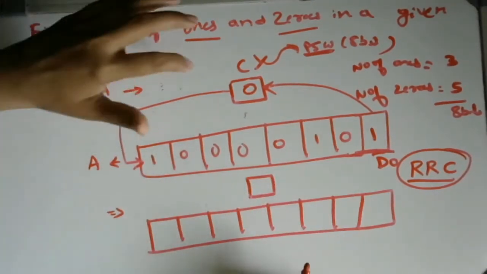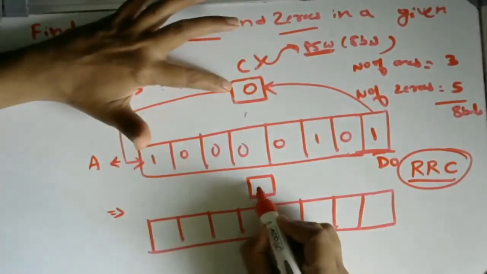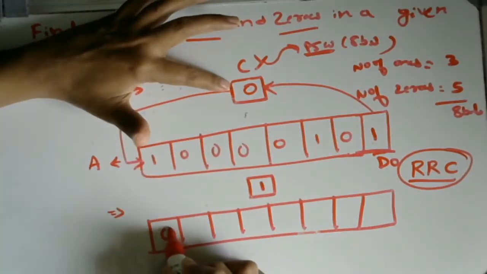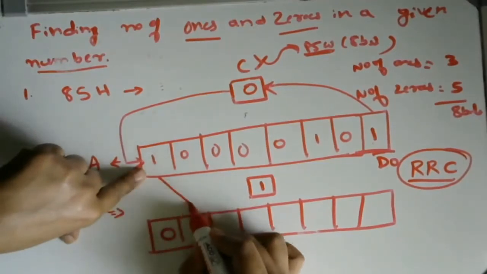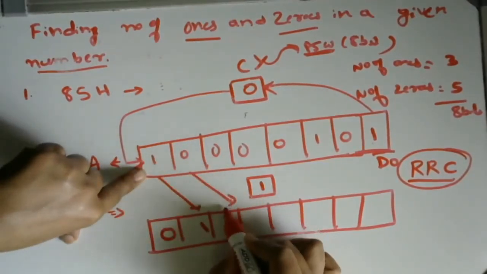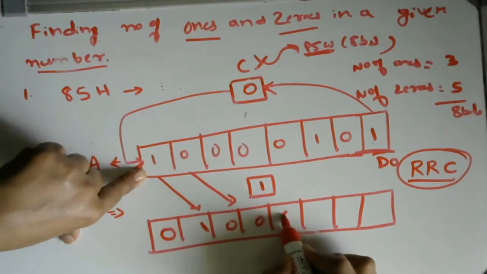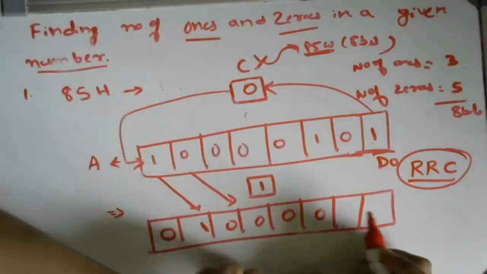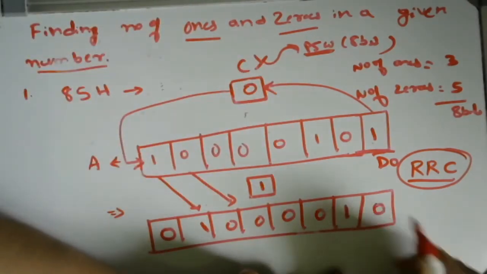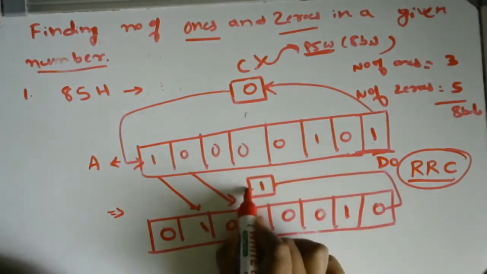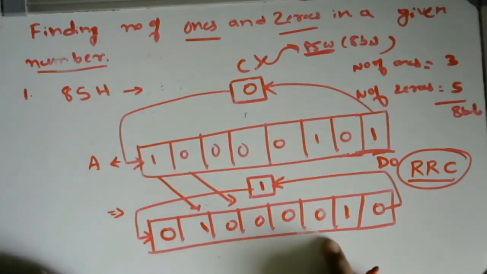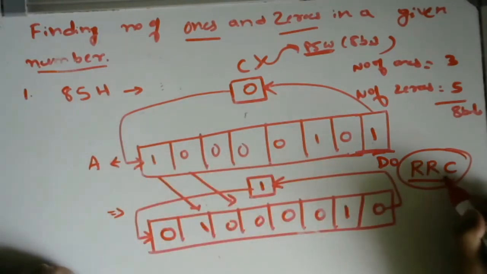This one will be shifted here, into the carry flag, and the carry flag will be shifted to this place, and this one will come here, and these 0s come here, 0, 0, 1, 0. This is the status of the accumulator and the carry flag after executing the RRC instruction once.